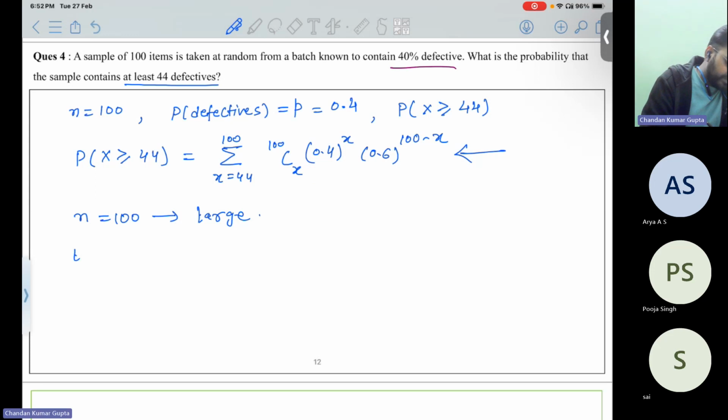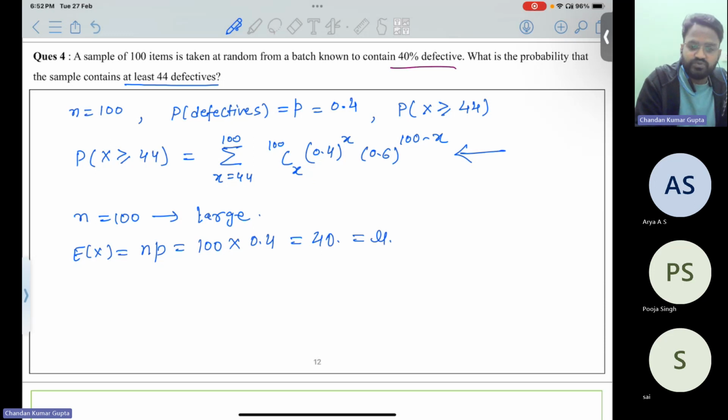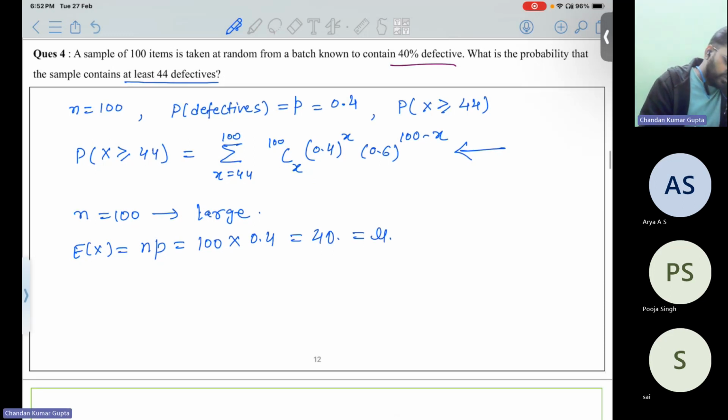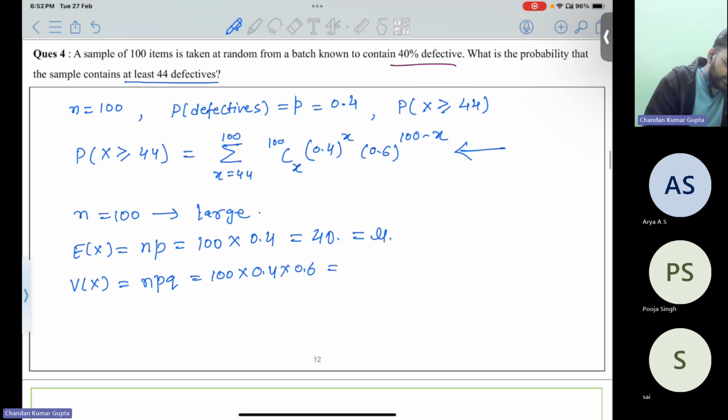For binomial, expectation of x is np, which is equal to 100 into 0.4, which is equal to 40. So it is the mu. And variance is npq, it's 100 into 0.4 into 0.6, which is equal to 24. It is the variance.